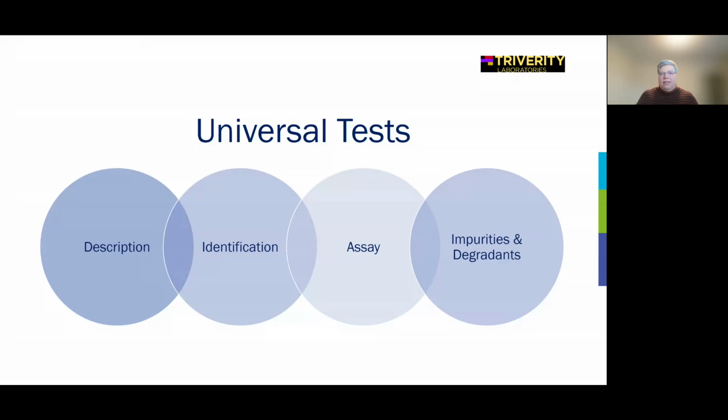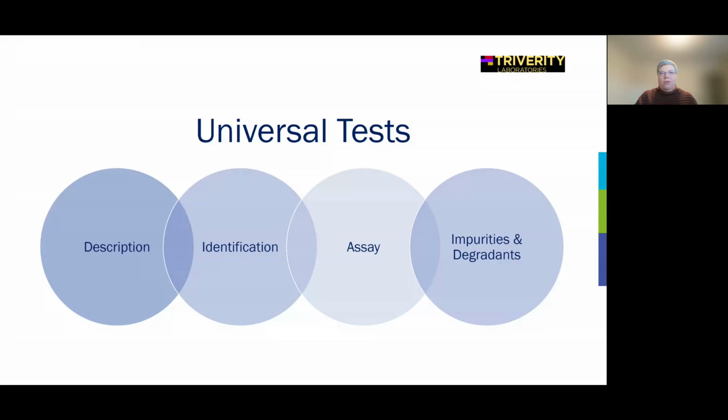The assay test is just the assay test, typically 97 to 103% on drug substance and 90 to 110 on drug product on shelf life. And then impurity and degradants, and we're going to get into impurity and degradants for the drug substance. We look at impurities and degradants.